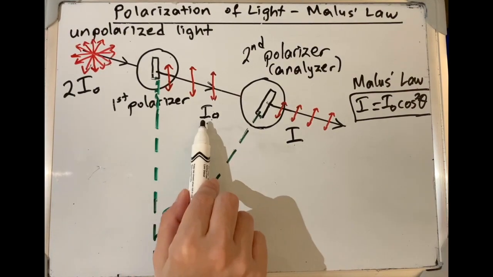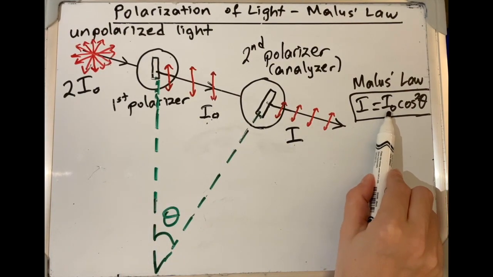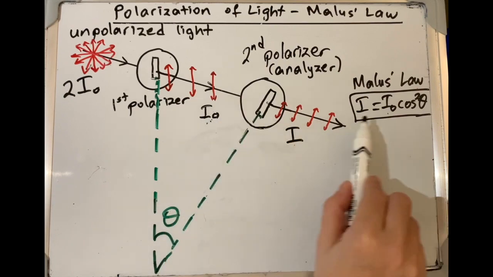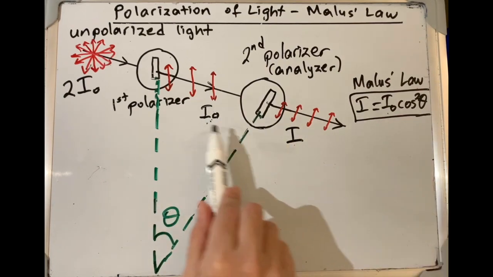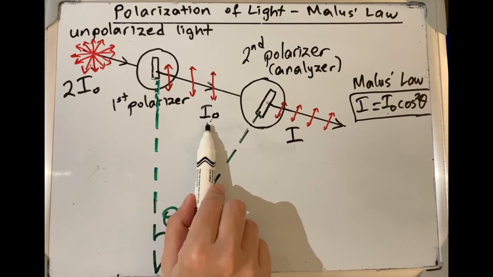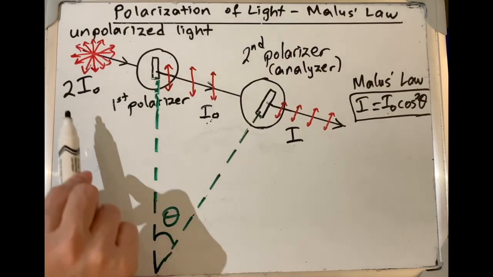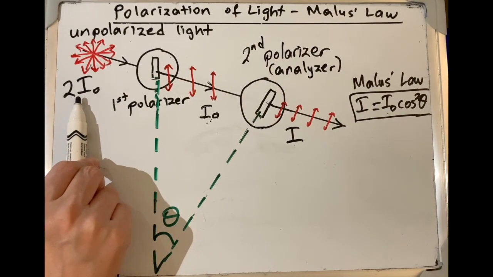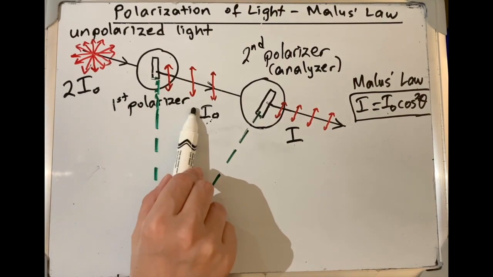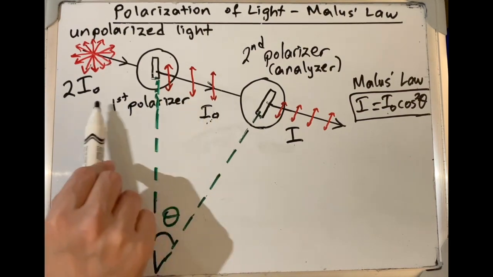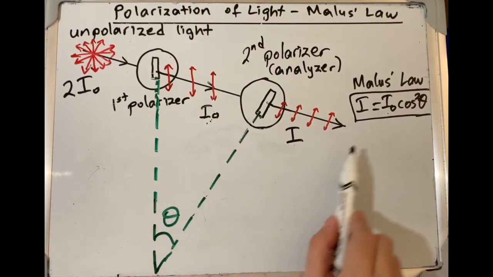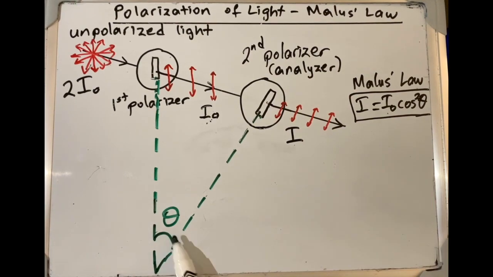And this is exactly why I wanted to keep this intensity I0 over here, because the formula relates the intensity of polarized light to the light that is polarized after a second polarizer. So the intensity of the unpolarized light initially would be double the intensity after the first polarizer. So I kept this I0, and that is I, and that's the relationship depending on the angle between the polarization axes of the two polarizers.